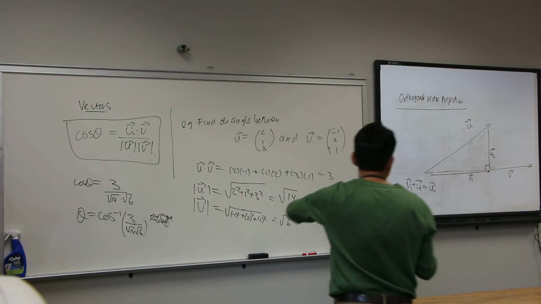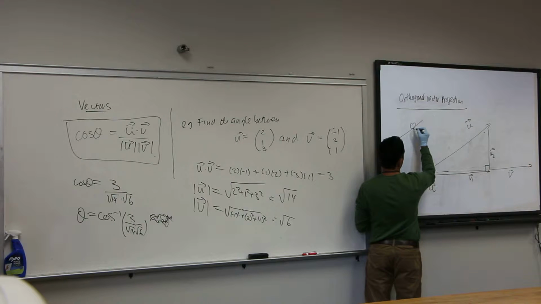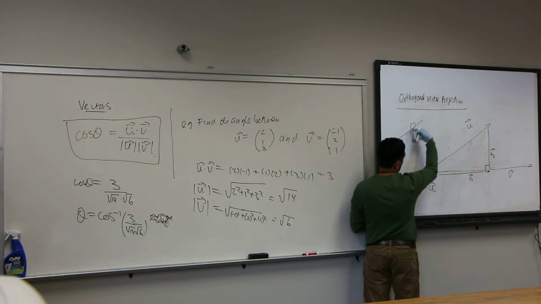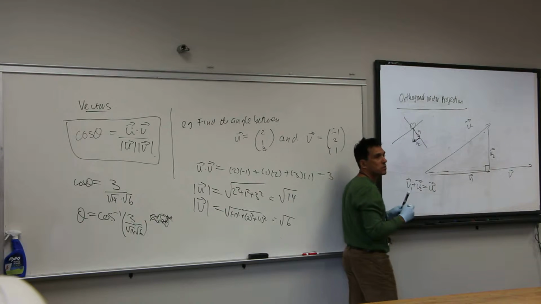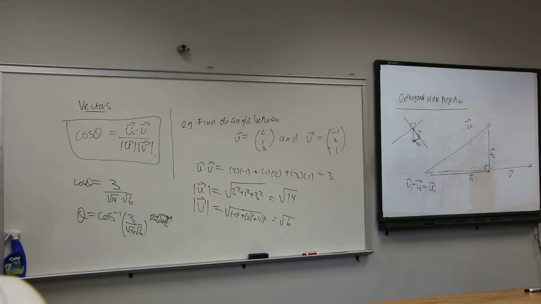What I did with the frictional problem: parallel to this and perpendicular to this. B1, B2. Because this is the right way to do this problem. I work in strange directions.